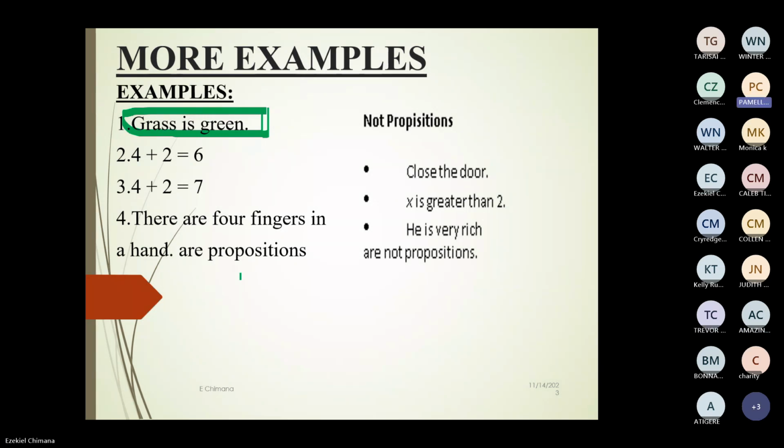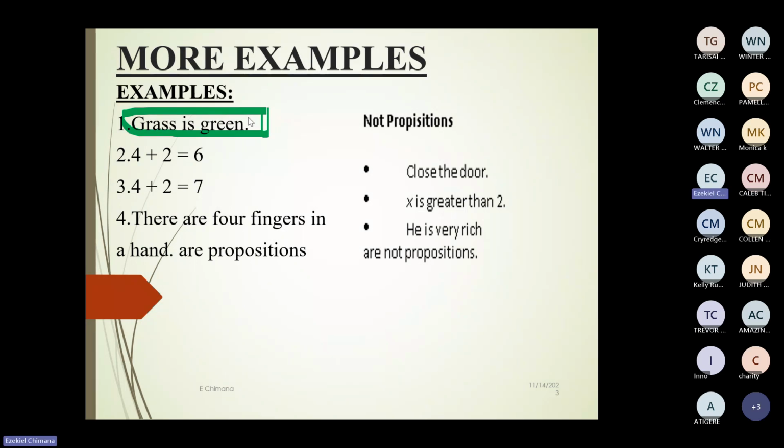Yes, it's a proposition. Why? Because it's true, or is it true or false? I think it's a proposition because it can be true, it can be false, and this one is true.